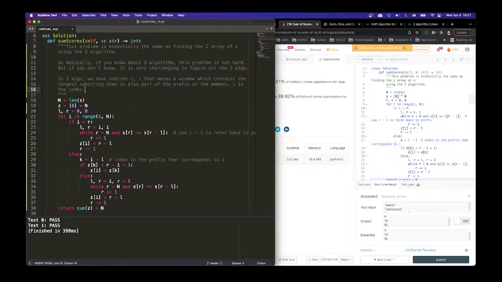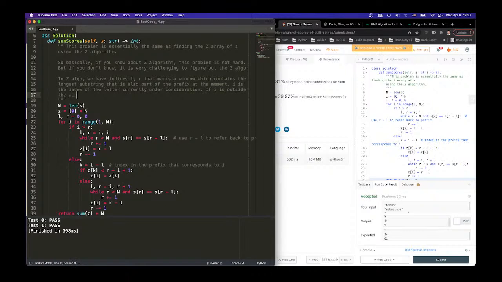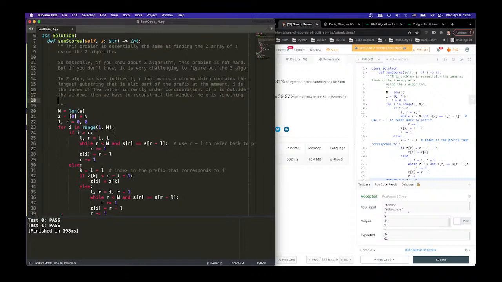I is the index of the letter currently under consideration. Now, if I is outside the window, then we have to compute the window. When we have to reconstruct the window, because it's outside the current window, there's nothing the window can help. So I have to reconstruct the window. Here is something ingenious.